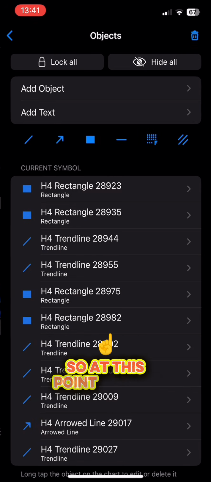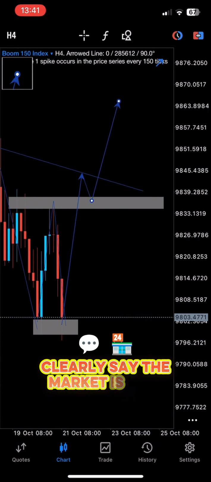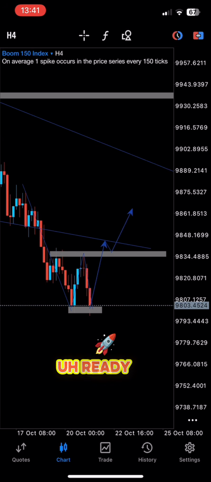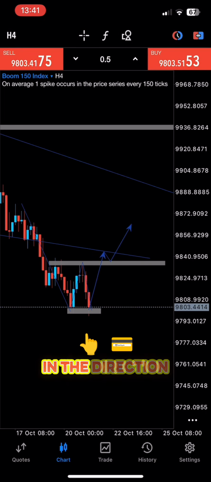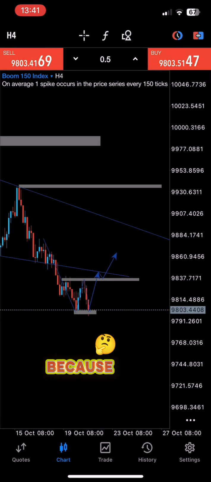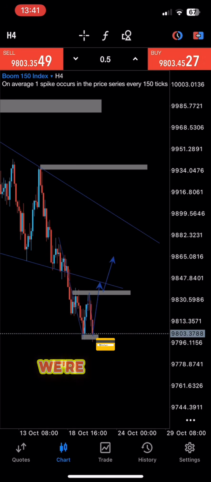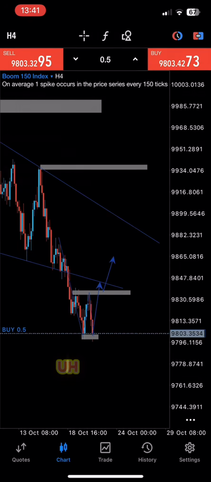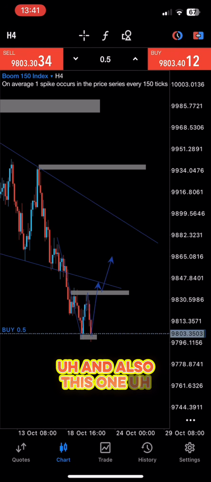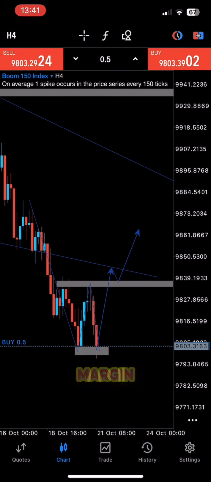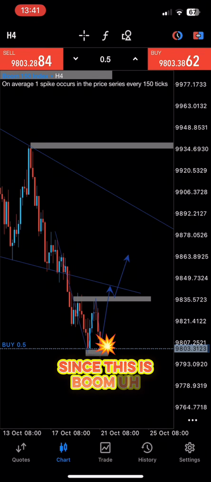So at this point, we can clearly say the market is ready to go in the direction of a buy, because this is a double bottom. We're just going to buy it. Also, I wouldn't recommend going full margin on this, since this is Boom.